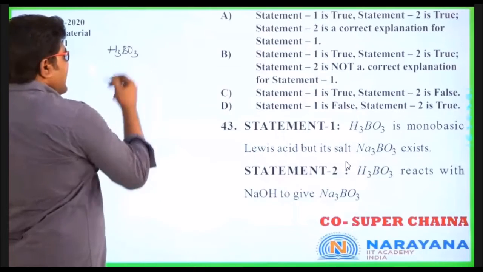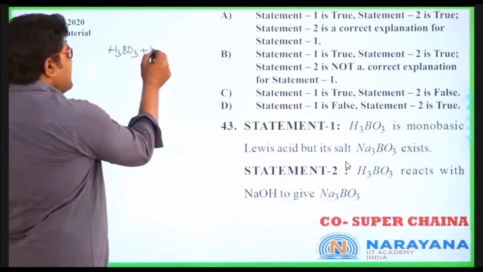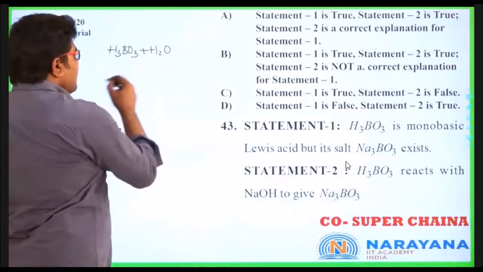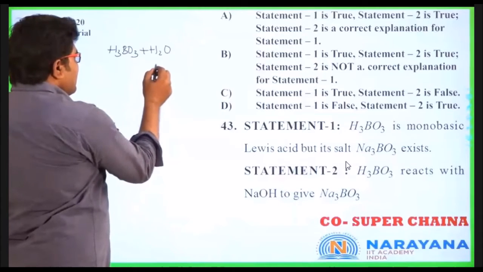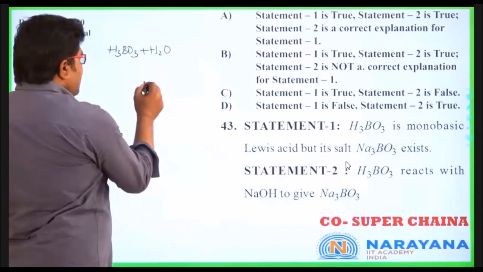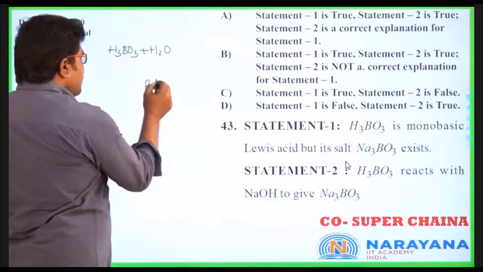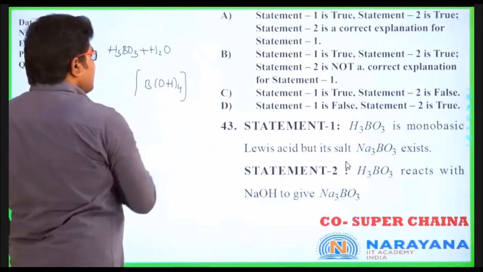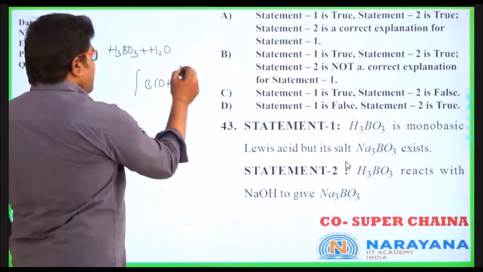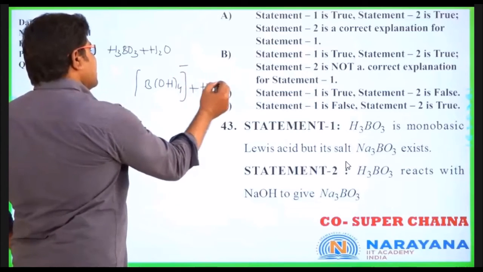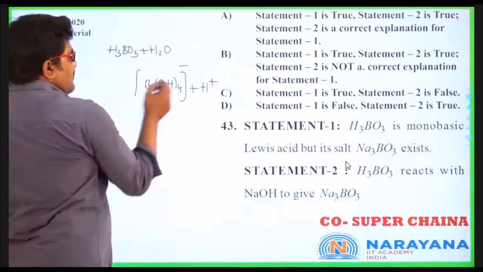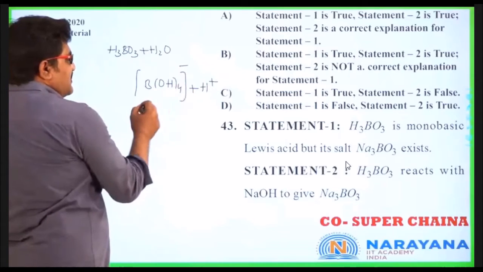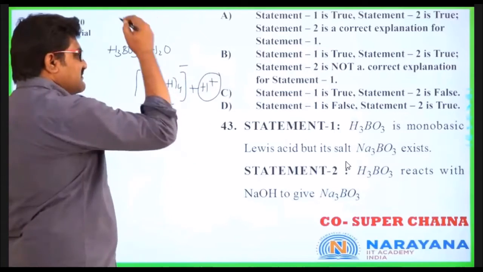Only when H3BO3 is dissolved in water, forming B(OH)4 minus plus H plus. So by reacting with water, due to the formation of this, 1 H plus was released.